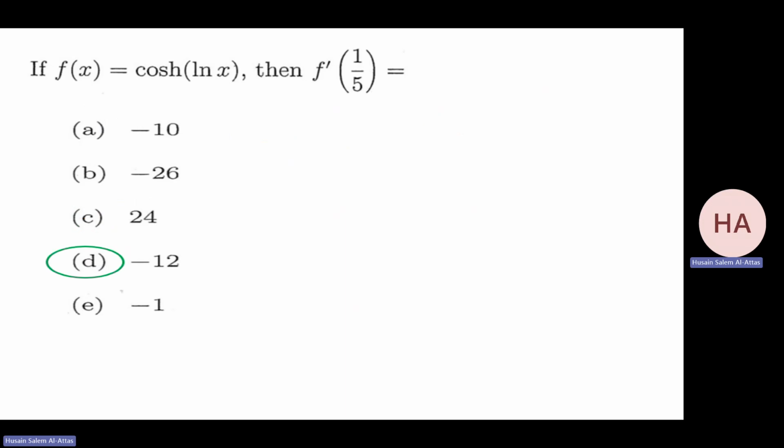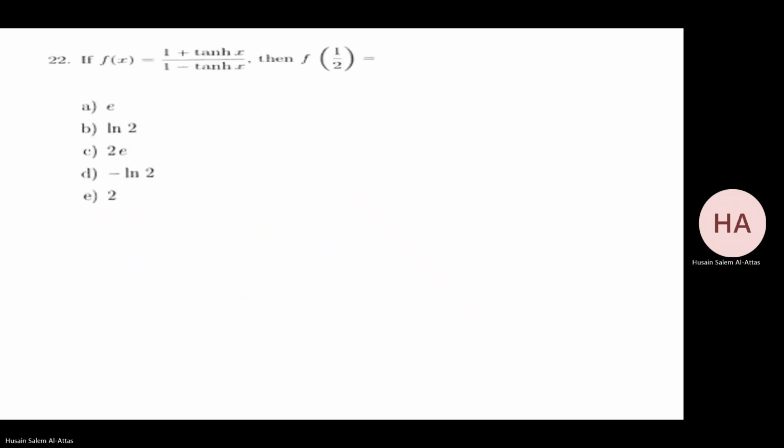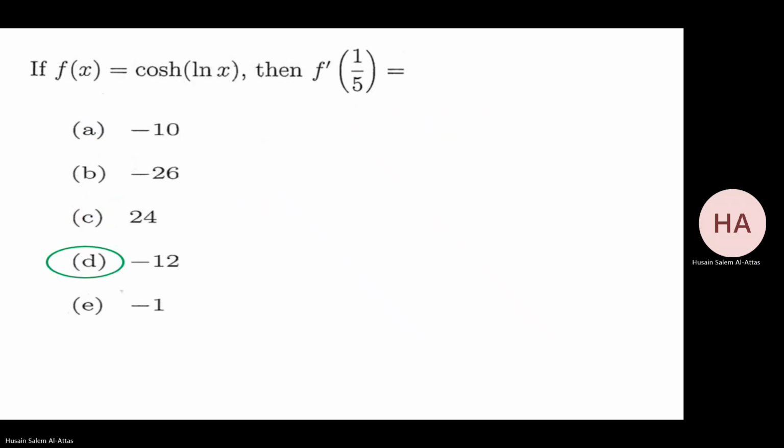We know from the graph. If f of x equals cosine hyperbolic ln x, what will be f prime? I need f prime and then substitute at 1/5. Or before that, I can simplify f of x.